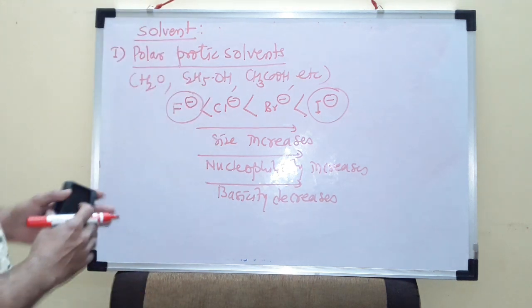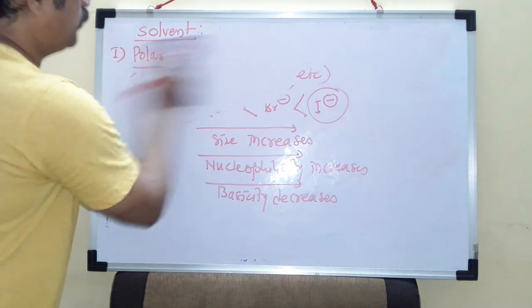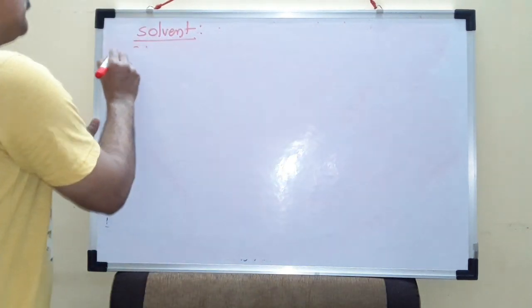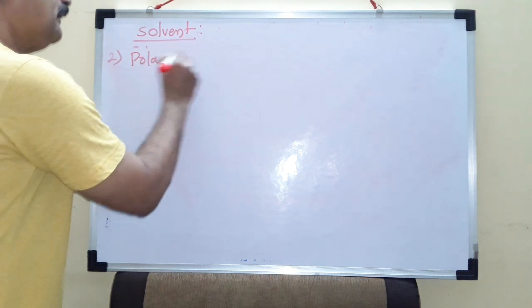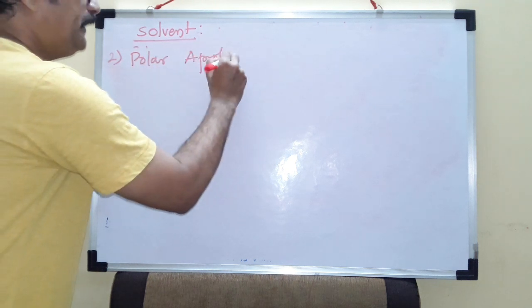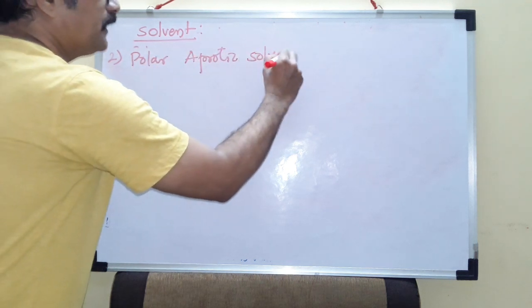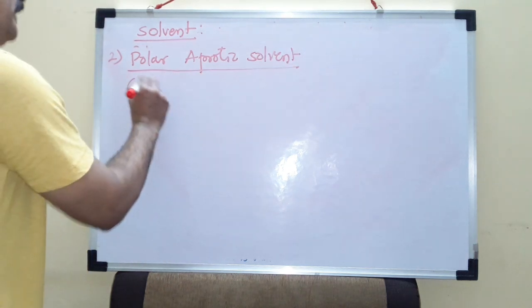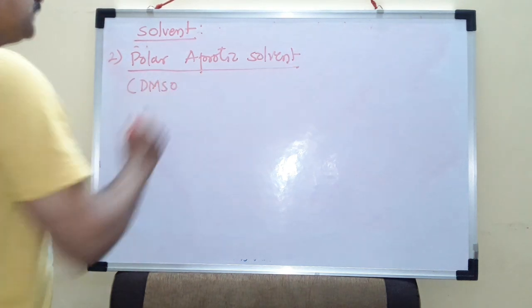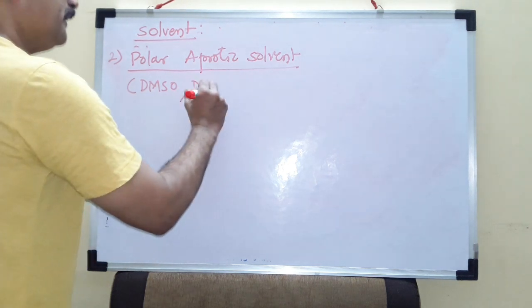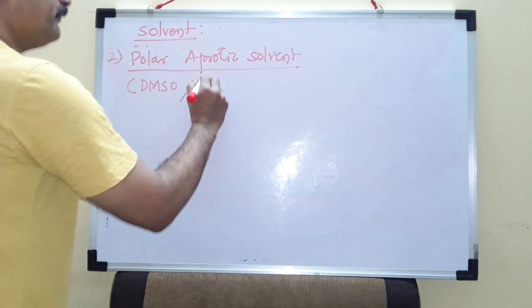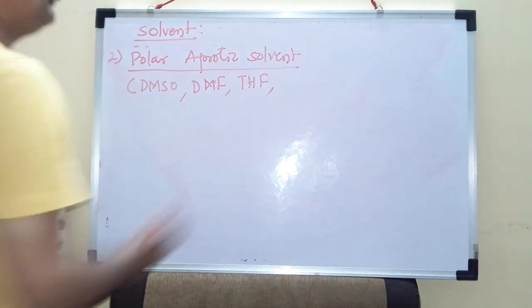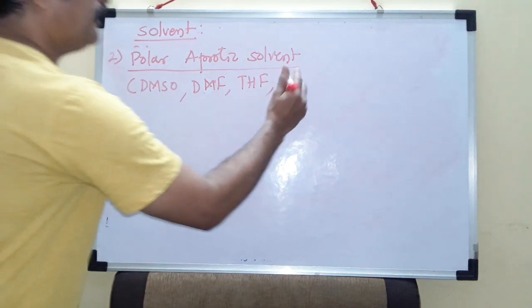Again, the next is polar aprotic solvent. What happens in the presence of polar aprotic solvent? What are the examples of polar aprotic solvent? You should know at least a few examples: DMSO, dimethyl sulfoxide, DMF, dimethylformamide, THF, tetrahydrofuran, or acetone.